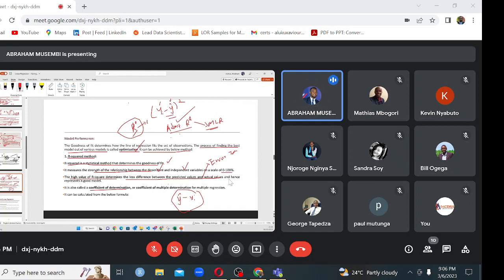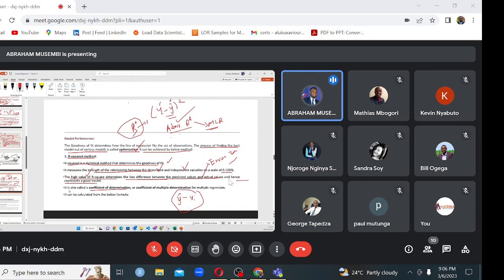Hence we are saying that if we have a high R squared, it means we have less error term, and hence this represents a good model. That's why at the beginning of the course I said that the standard error, or the sum of error, or the error term, can be used to determine the goodness of fit of a model.